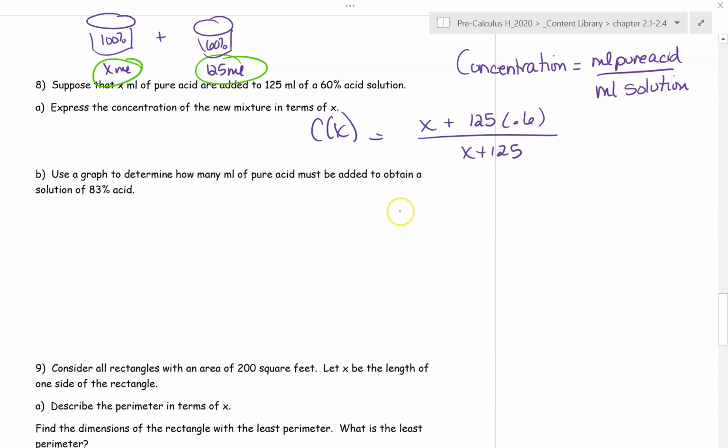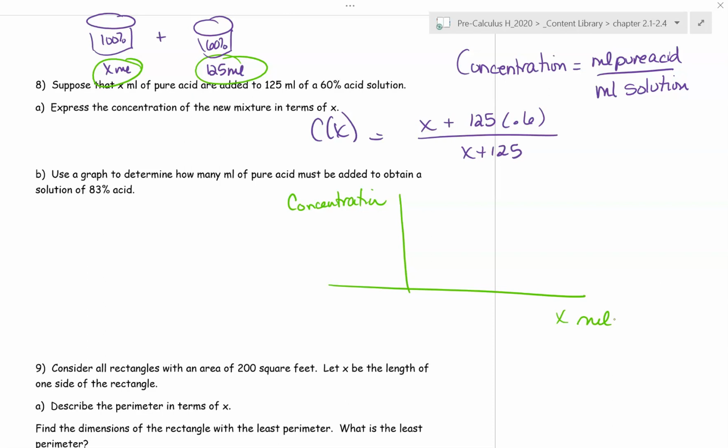So now what we're going to do is graph our concentration with respect to x, which is milliliters of pure acid. Let's think about what this graph should look like before we grab our calculator. We want an 83% solution, which is possible if you add pure acid to a 60% solution.